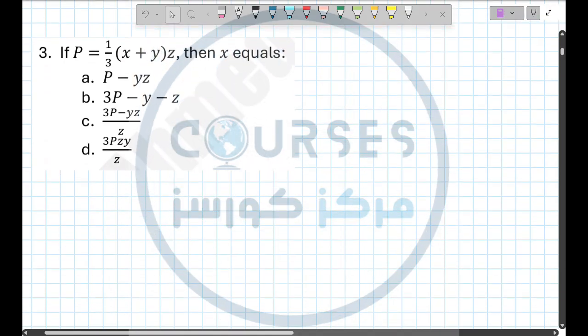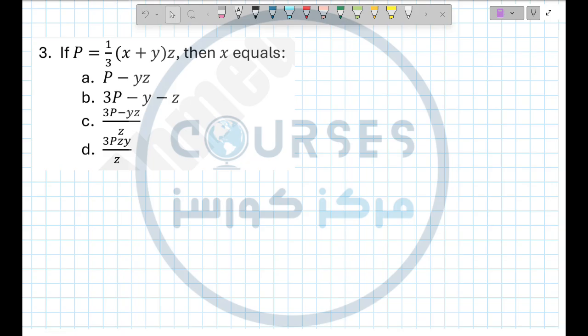Okay, in this problem, if p equals 1 over 3 times x plus y times z, then x equals. So let's write it down. P equals 1 over 3 times x plus y z. Okay, what we can do here is we can cancel this 1 over 3 first by multiplying by 3.